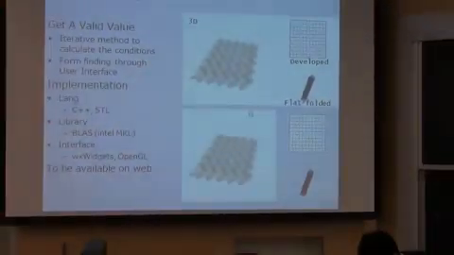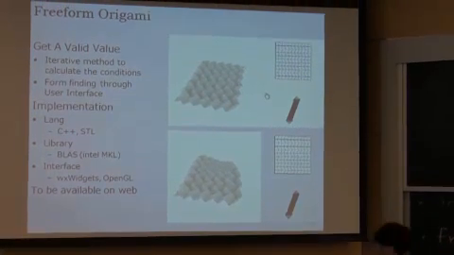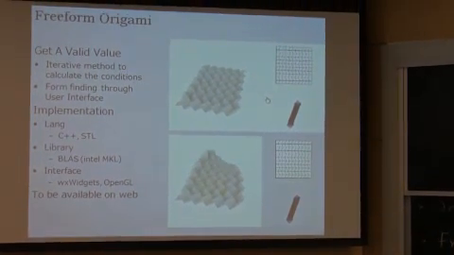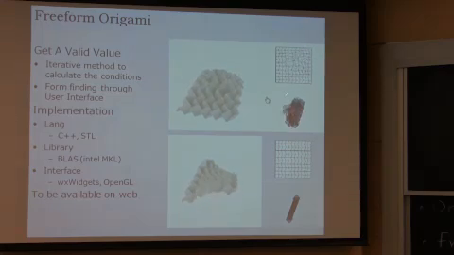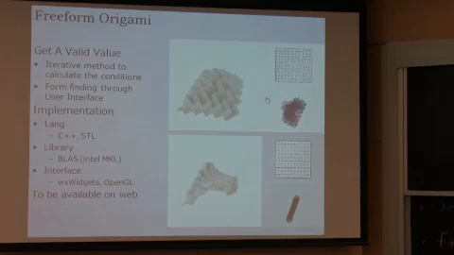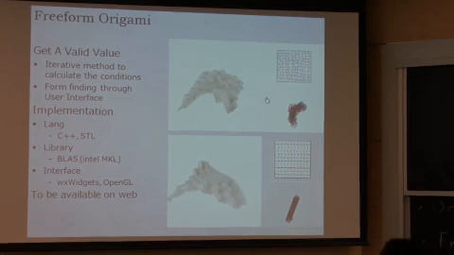So this is what happens. The top is what happens with freeform origami. This is a crease pattern of the paper, and this is the folded pattern when it's X-rayed. You can see that if you drag this point up, then the crease pattern and the flat folded pattern change at the same time.